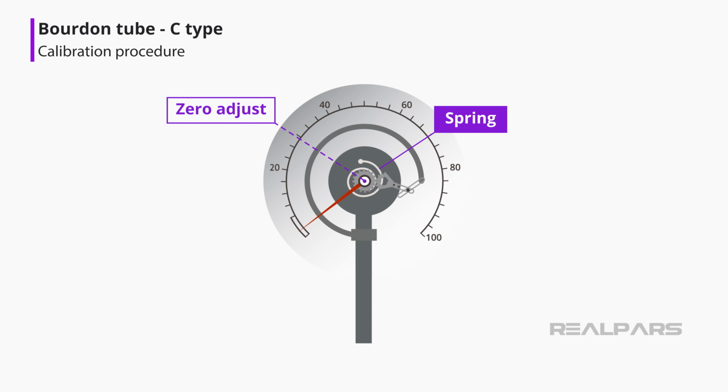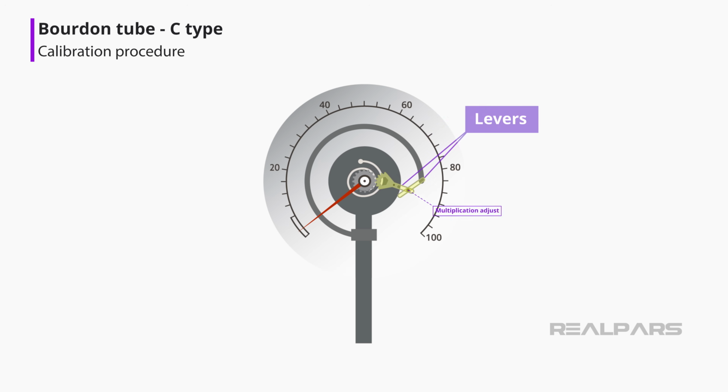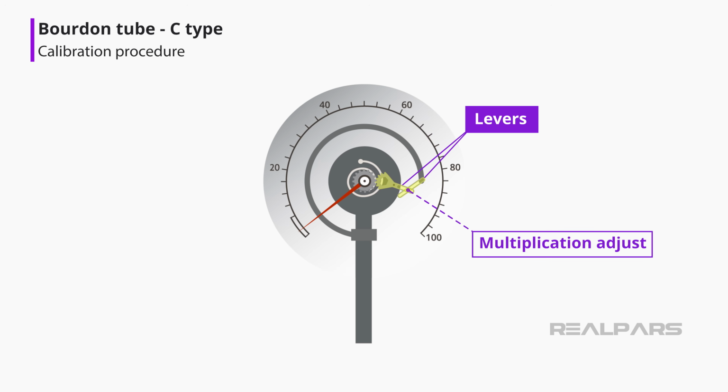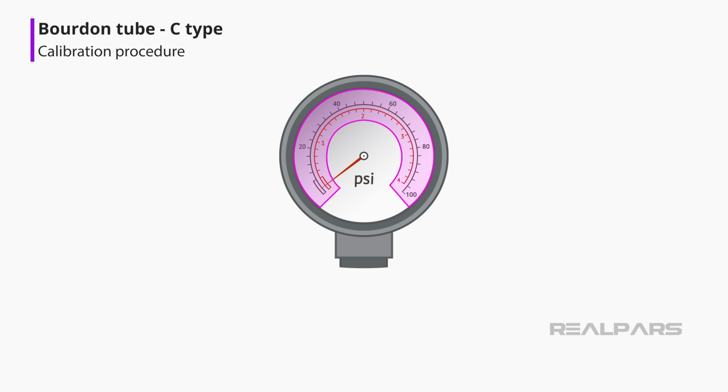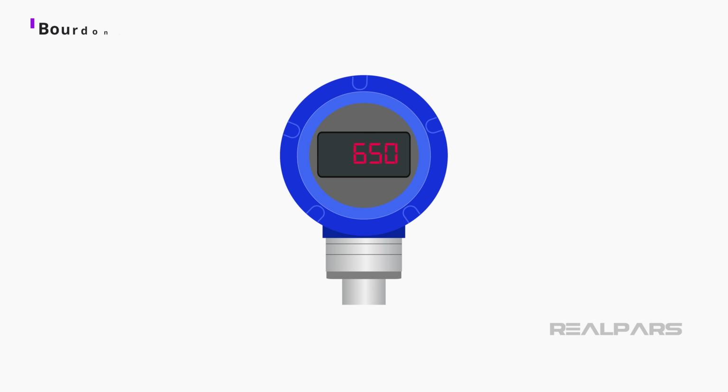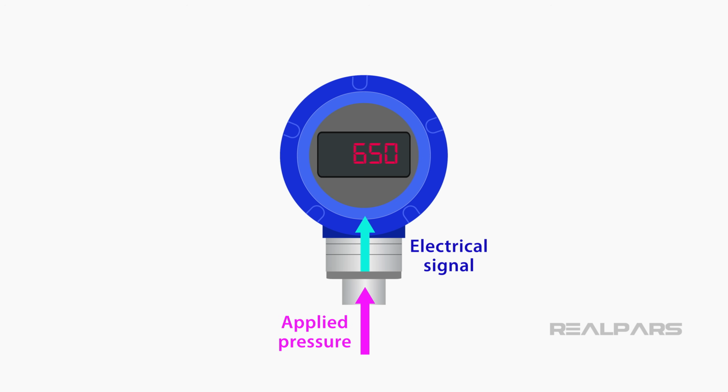Zero error is corrected by repositioning the pointer on the shaft or by changing the tension in the spring. Multiplication error is corrected by changing the length of the levers. Generally speaking, a mechanical pressure gauge will have an analog readout or analog scale. Many of today's pressure gauges are equipped with a pressure transducer that converts pressure into an electrical signal.